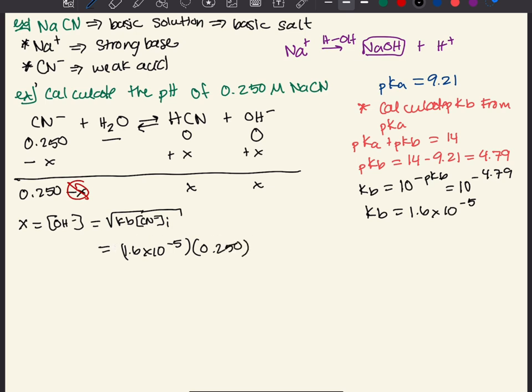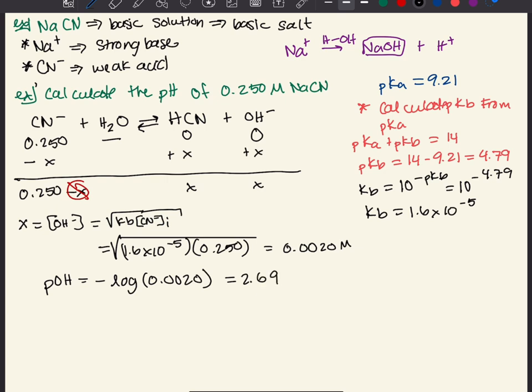And I can take the square root of that. When I do that, I get 0.0020 molar. From here, since I have the concentration of hydroxide, I can calculate the pOH. And I can do that by getting the negative log of the 0.0020, which gives me 2.69.